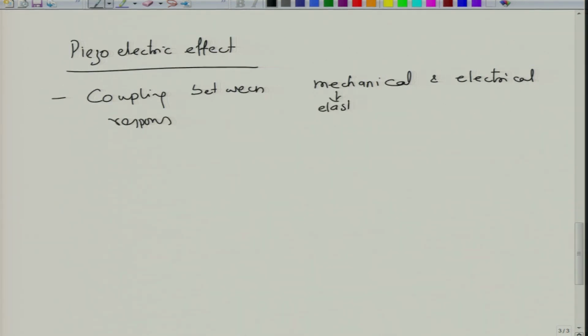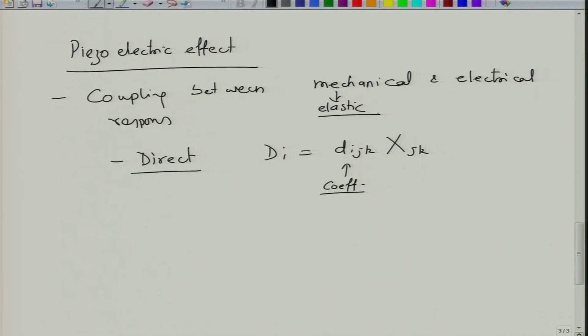So, we have a direct piezoelectric effect. In the direct piezoelectric effect you have charge density produced as an outcome of applied stress, not electric field. Okay. This is the direct piezoelectric coefficient whose units are in Coulomb per Newton.